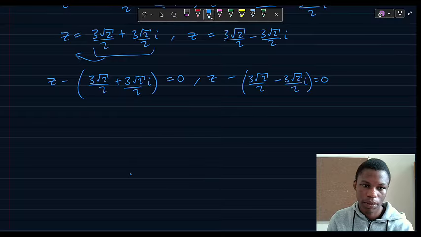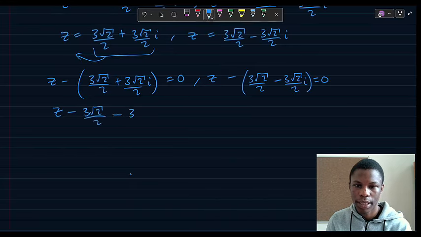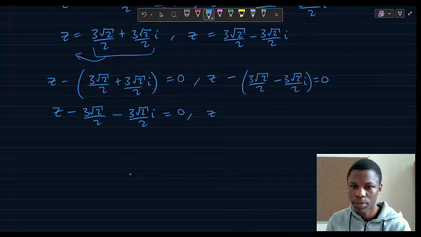And actually, I'm going to multiply through by the negative sign in the first one so that I've got z minus 3 root 2 over 2 minus 3 root 2 over 2i is equal to 0, and the second one becomes z minus 3 root 2 over 2 plus 3 root 2 over 2i is equal to 0.